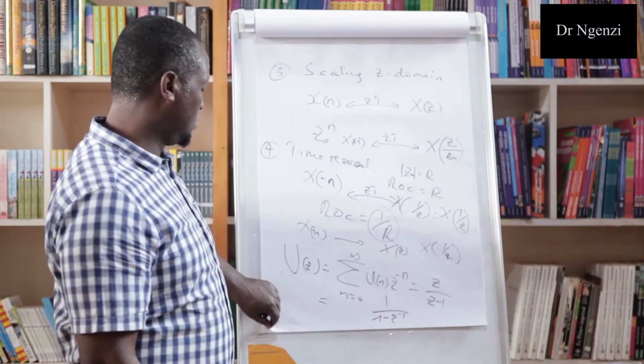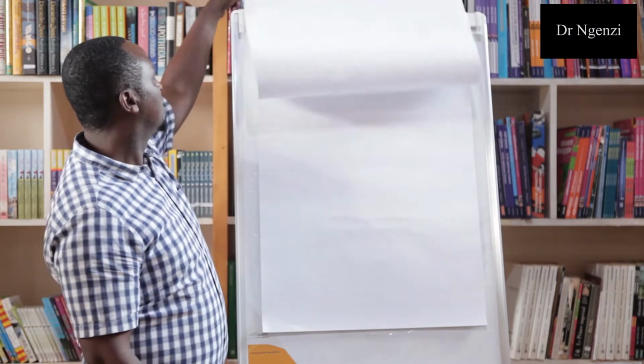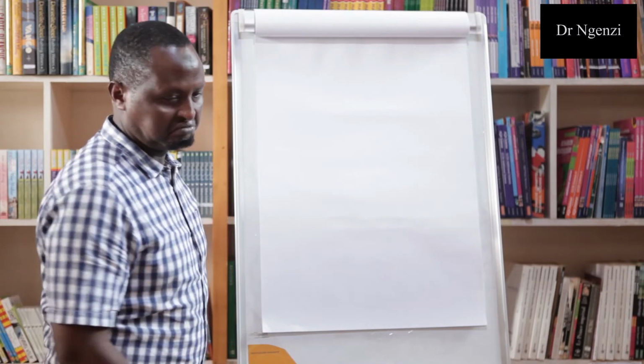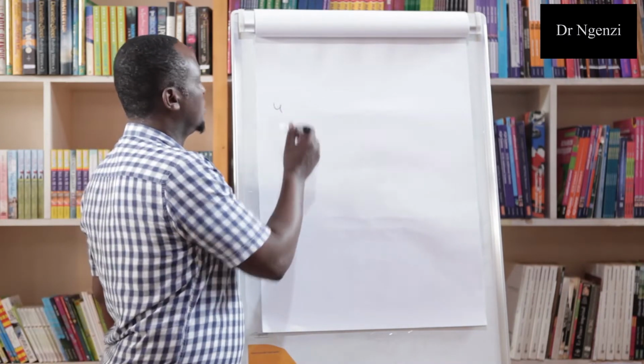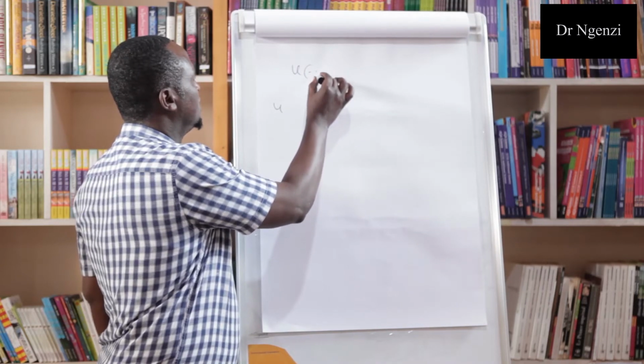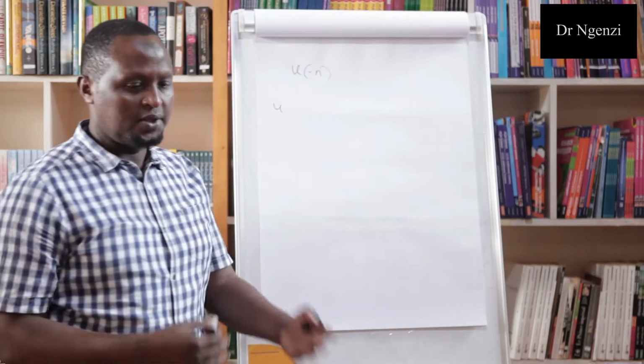So continuing from there, if it is u of negative n, you can easily get the inverse.